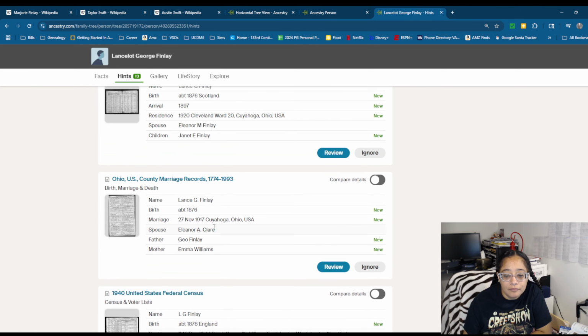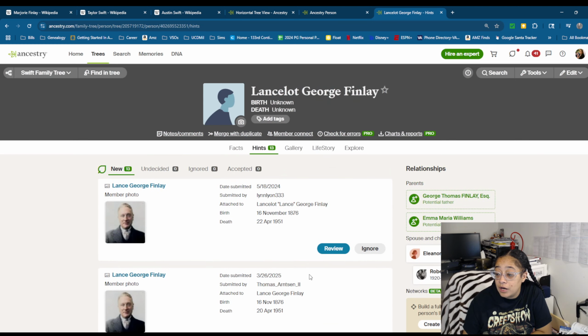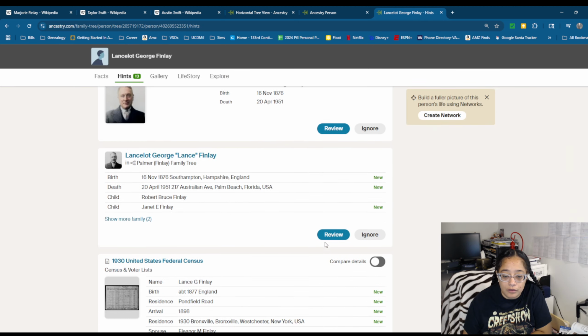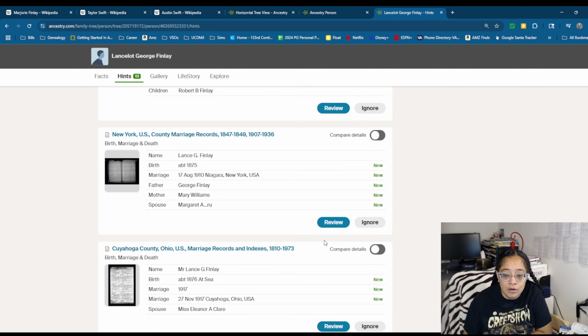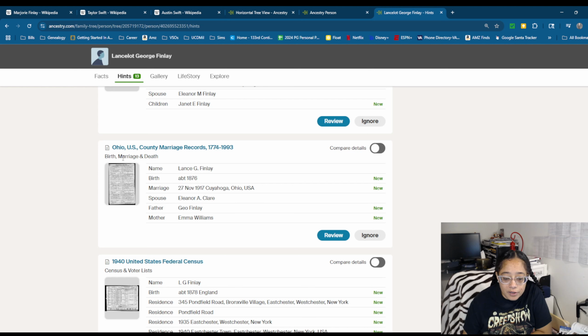Oh, that's fun. Okay, so the mother of, in Taylor's line we want is Eleanor. So I'm going to go and I'm going to add this cleaner looking copy from the Ohio U.S. County Marriage Records for Eleanor when they got married.